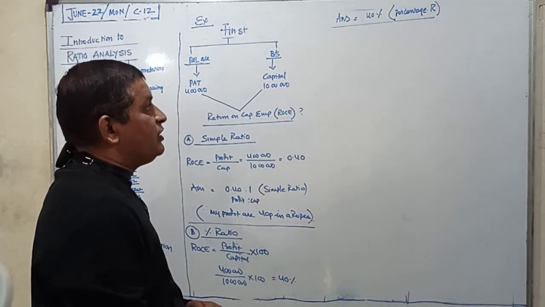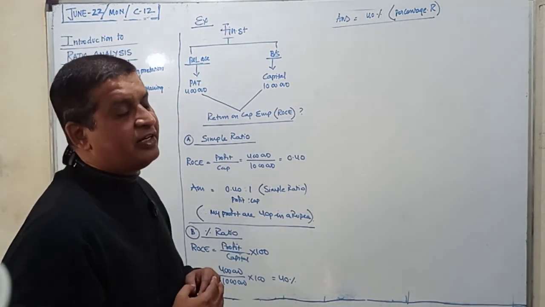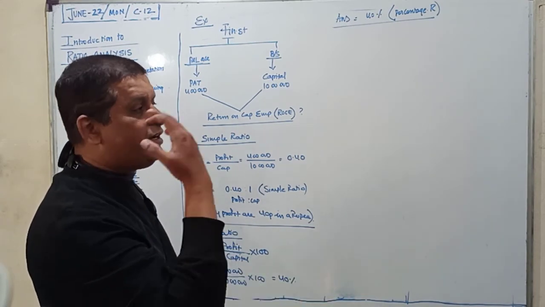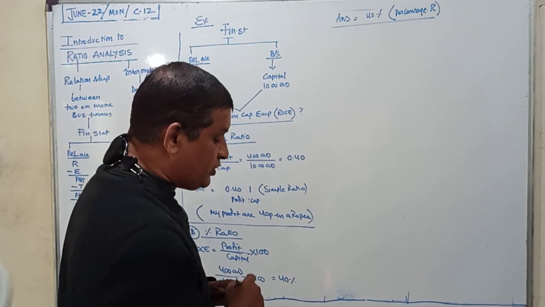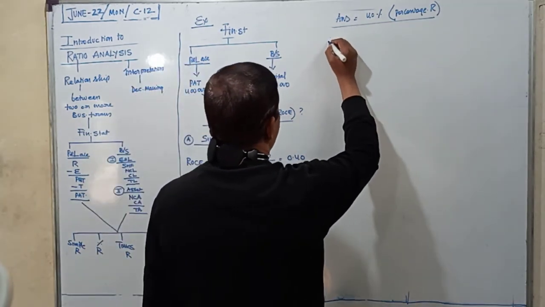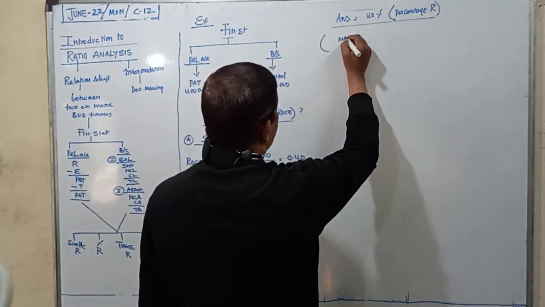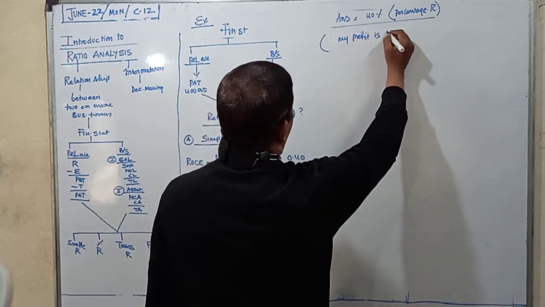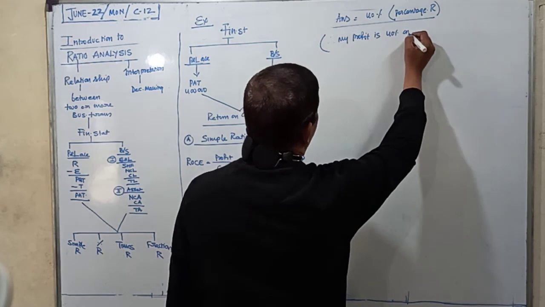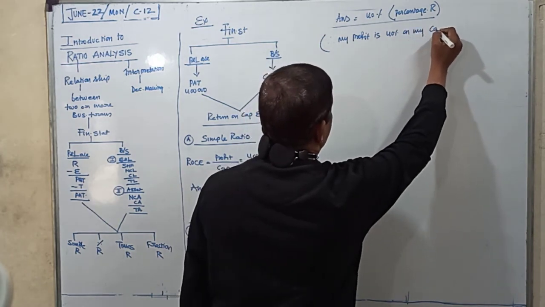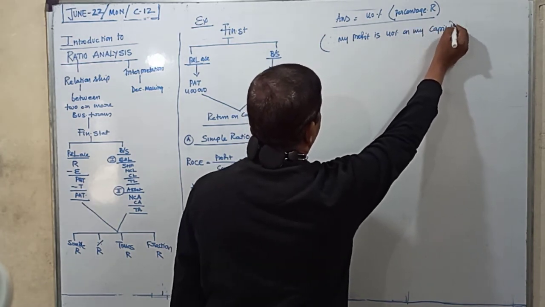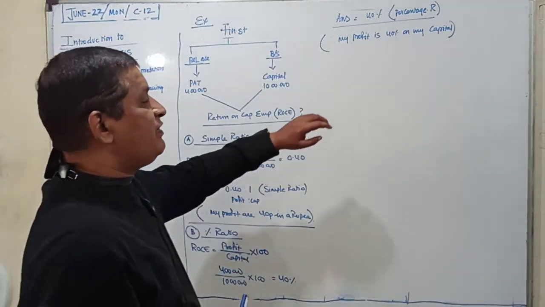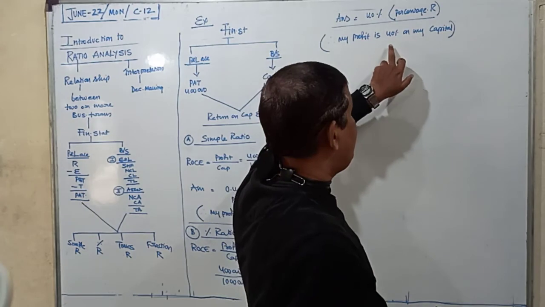It means I am getting a 40% return on my investment. For every 100 rupees I invested, I am getting 40 rupees. So we can interpret that my profit is 40% on my capital. If I invested 1 lakh, I get a 40,000 profit.